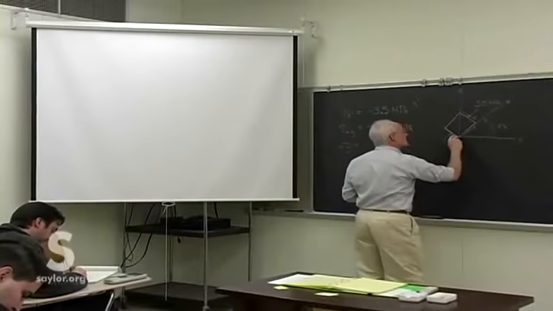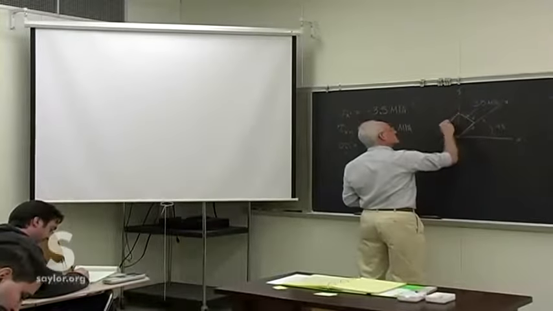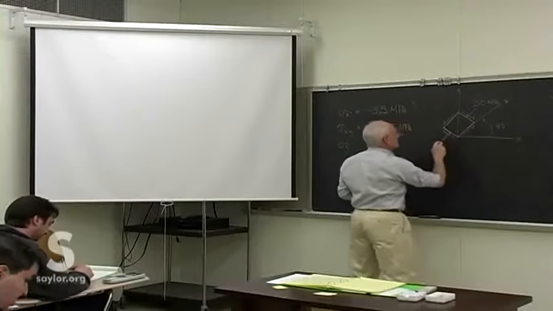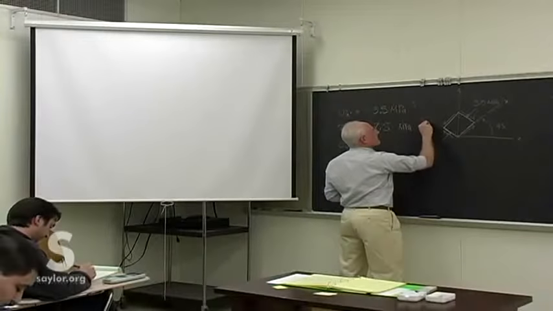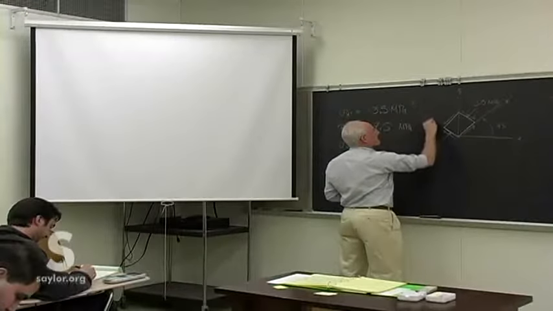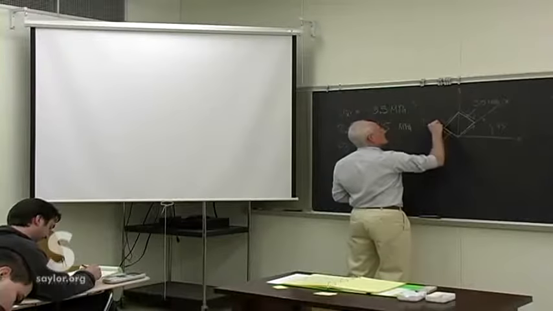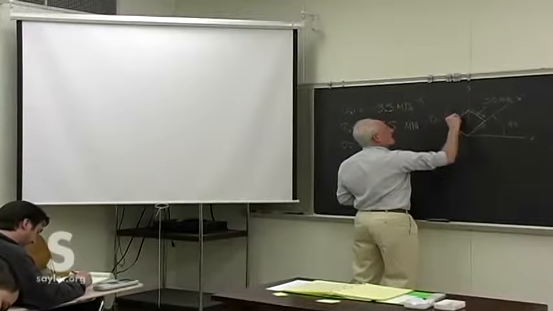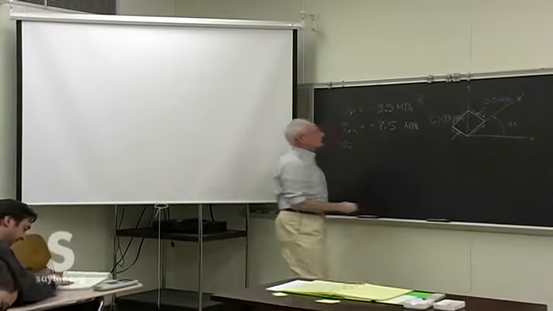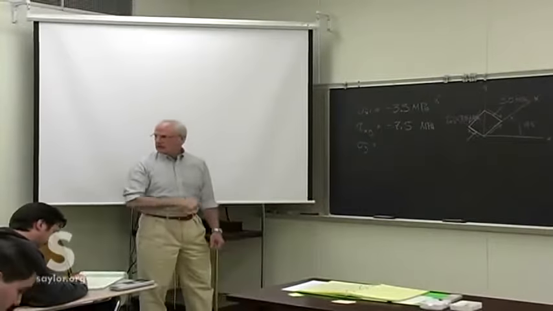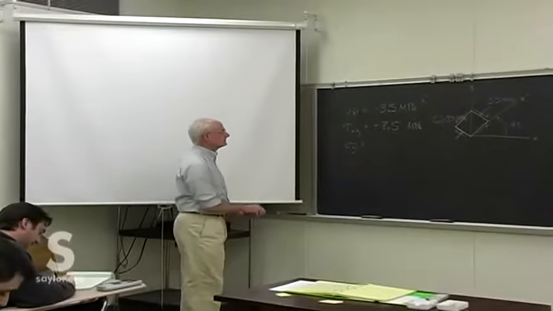Once we get that, it establishes all the other directions. 7.5. Don't actually label it with the negative because then it's not clear if the arrow's in the wrong direction.